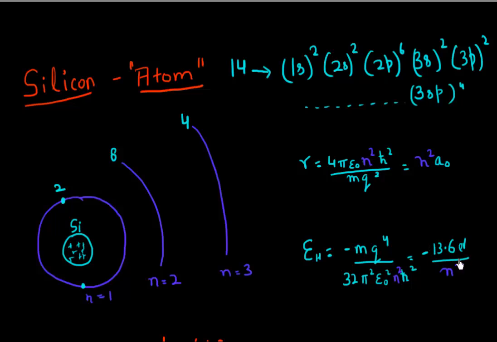You might remember this 13.6 eV comes from a hydrogen atom. So for a hydrogen atom, you in fact have this shell with an energy of 13.6 eV. This one has 13.6 divided by 4, or around 3.4 eV. Similarly, this one has 13.6 divided by 9, or around 1.51 eV.